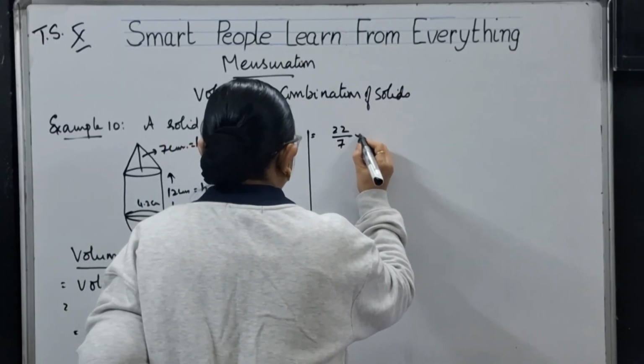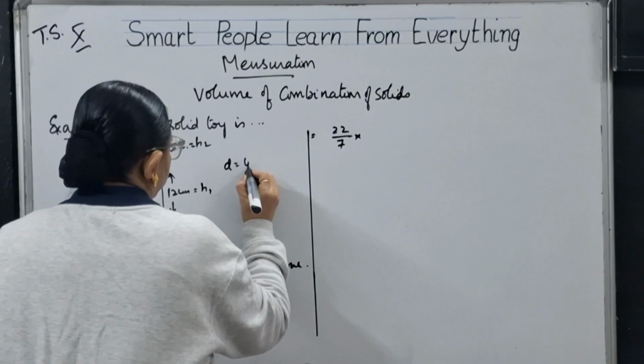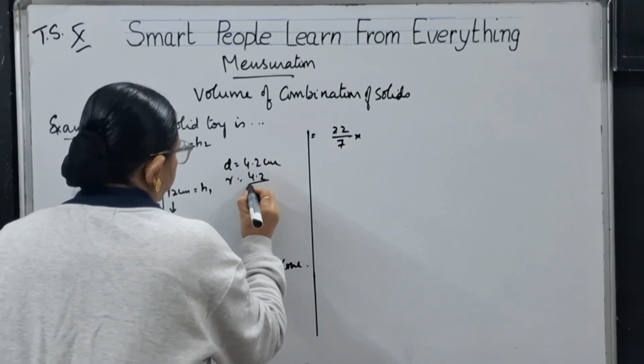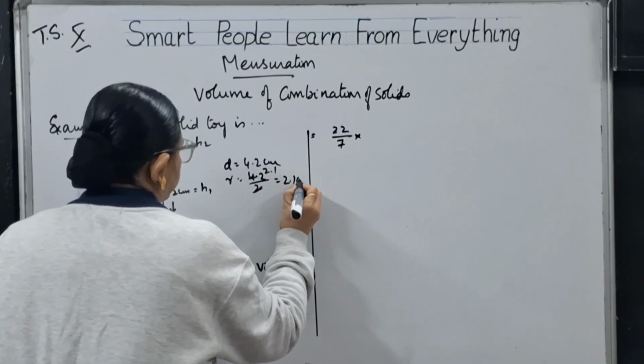What is r square into r? Diameter is 4.2 centimeters, so radius is 4.2 by 2, that is 2.1 centimeters.